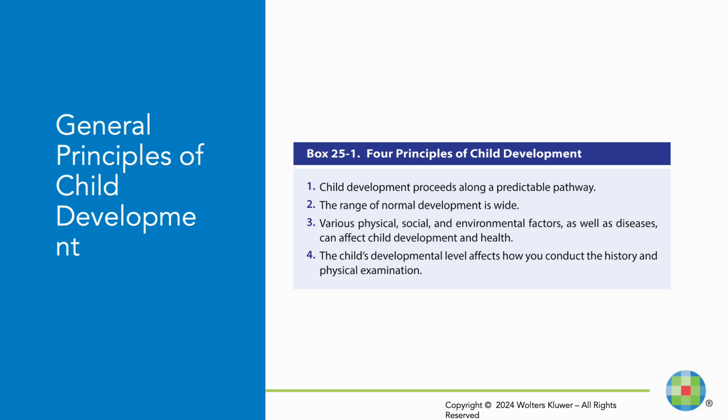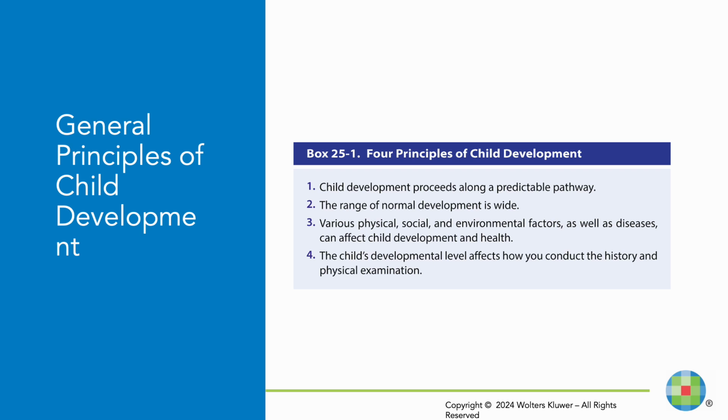Now, granted, this range is wide, okay? There are children who, at 3 years of age, are able to start reading. There are children who do not speak until they're 3 or 4 years of age. There are various physical, social, and environmental factors, as well as diseases, that can affect childhood development and health. If you think about the bell curve, bringing things back from your statistics course, we know that most people fall within 2 standard deviations of the bell curve.